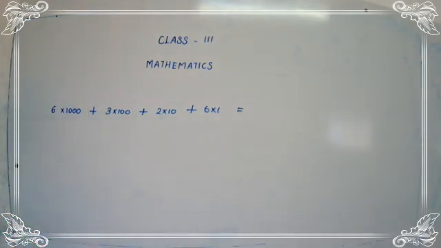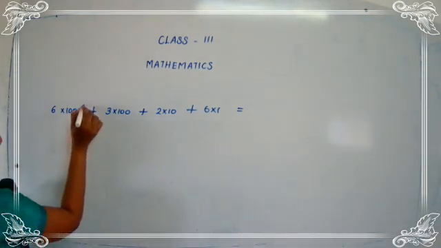Write the short forms for the following expanded forms. The first one, 6 multiplied by 1000.